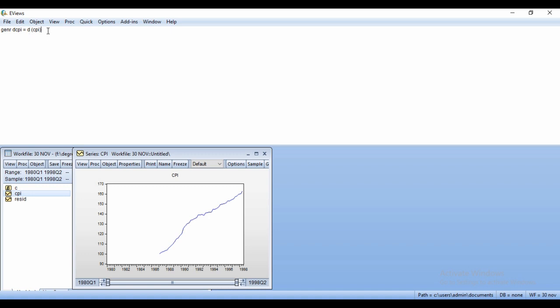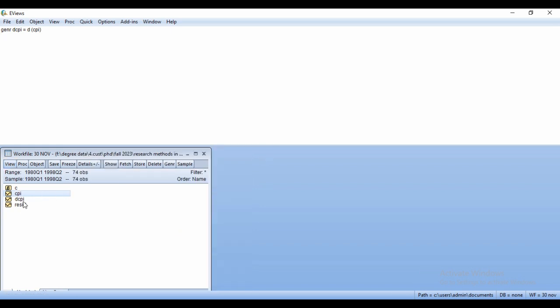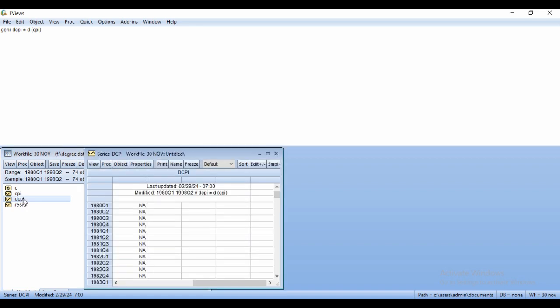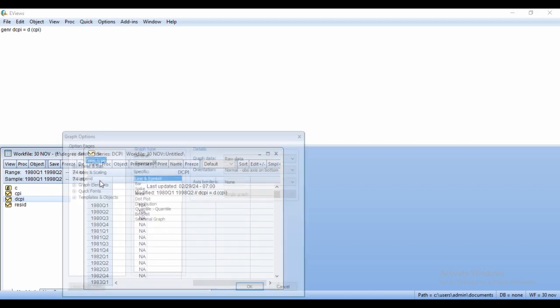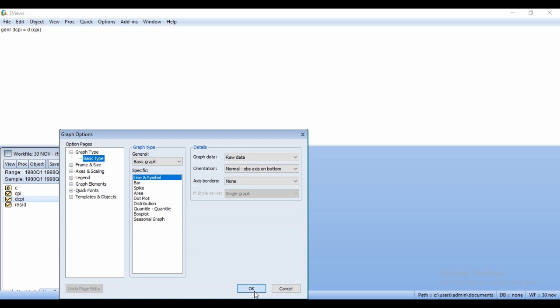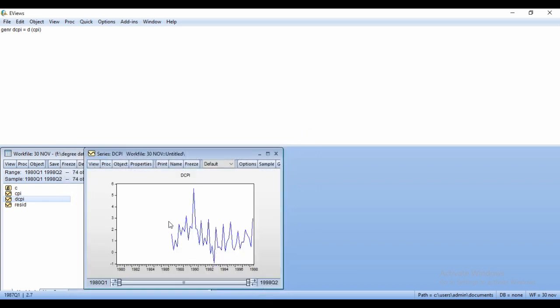So just click it and press enter, and here we can see that we have a new variable that is dcpi. So double click it and just go to view and graph and line graph, and here we can check that it is now a stationary graph.